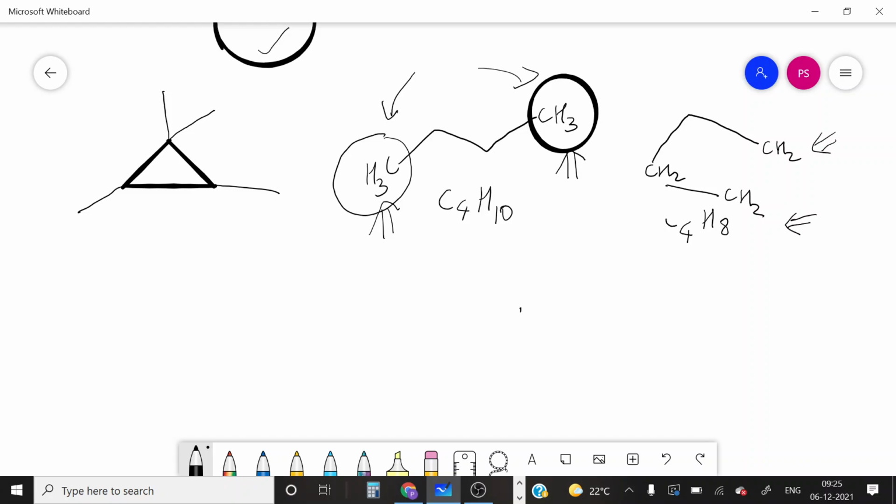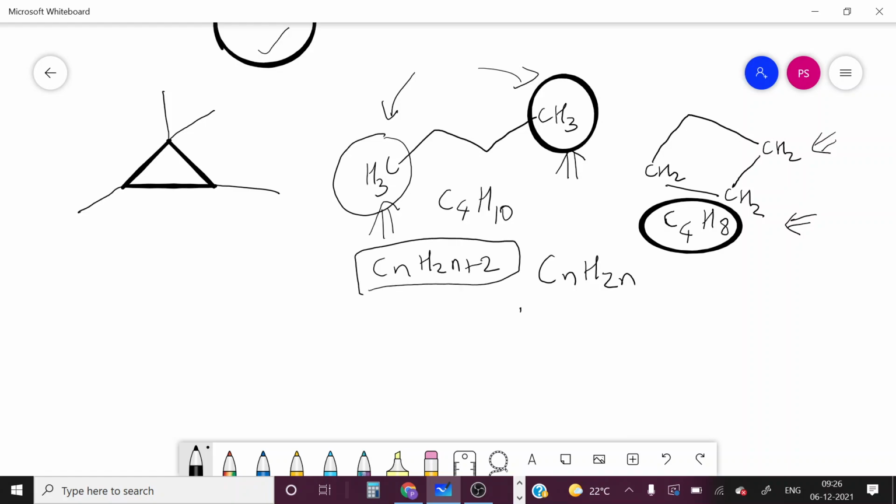So fourth valency is mutually satisfied by these two carbon atoms by forming new bond and we get a ring compound. So all groups are CH2 groups and the formula is C4H8. So whenever there is a ring, the formula becomes CnH2n and not CnH2n plus 2. This formula is for open chain compound and this formula is for ring compound. Okay, so two hydrogens are less in case of ring compounds.